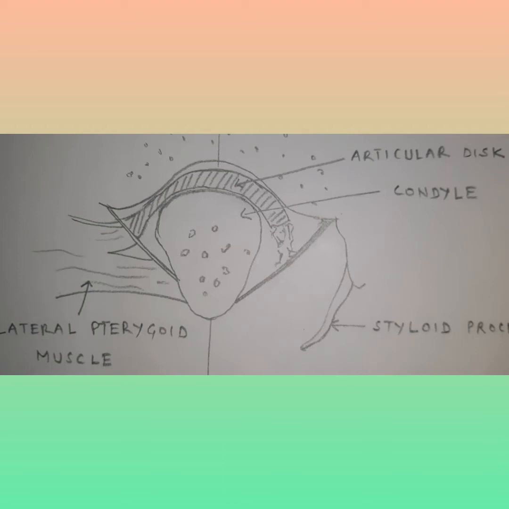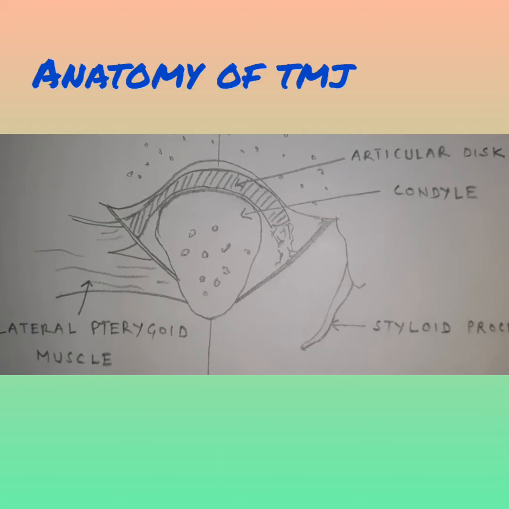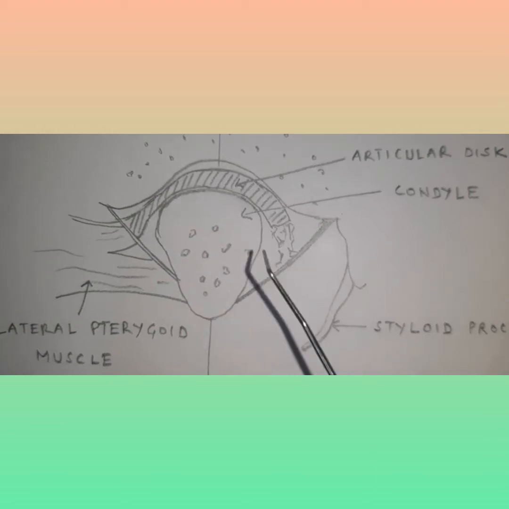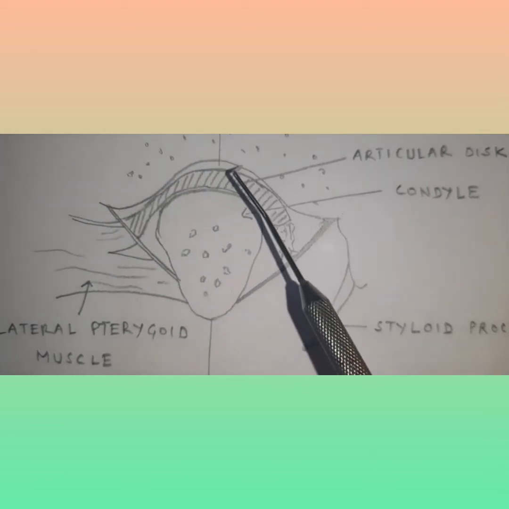Let us check briefly the anatomy of the temporomandibular joint. I am not going to go into detail about TMJ anatomy because it is a very wide topic, so I will just confine myself to what is required for now. This is the positioning of the condyle. As you can see, this is the articular eminence.